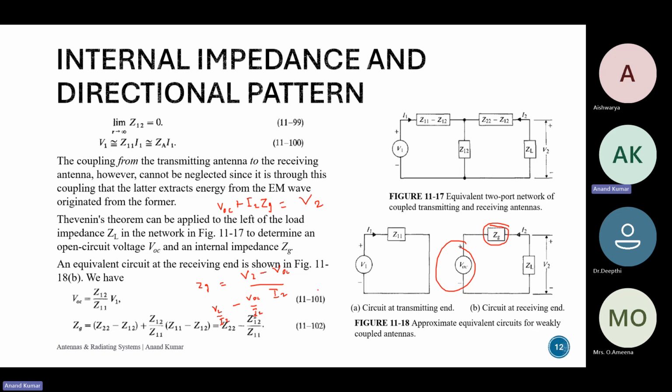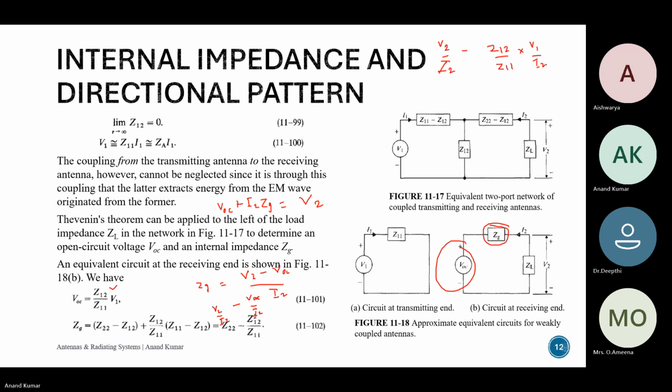Then we can simplify VOC, and we'll substitute VOC from here. So this will become V2 by I2 minus Z12 by Z11 into V1 by I2.